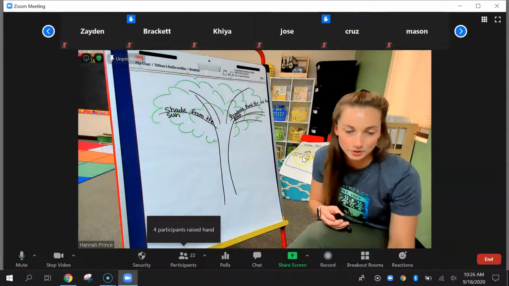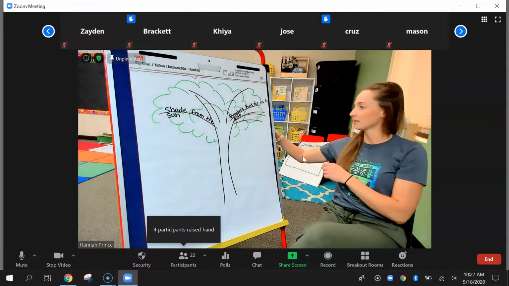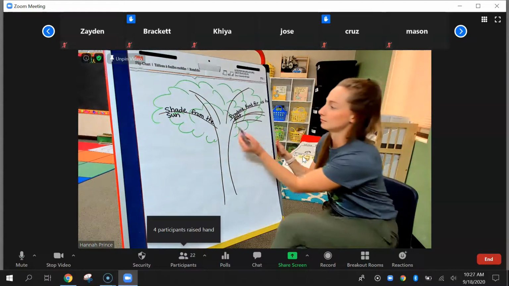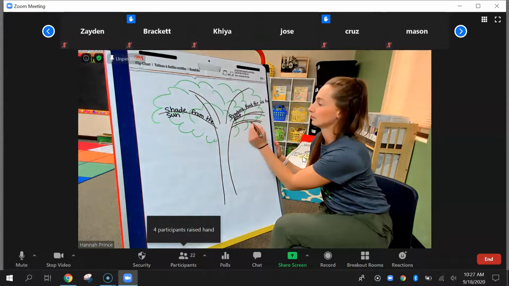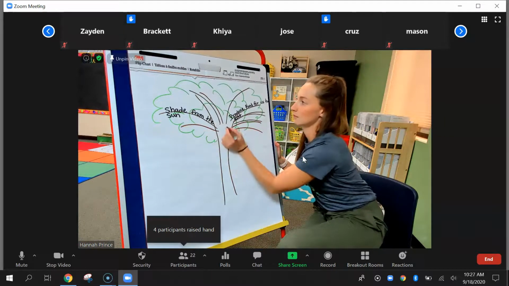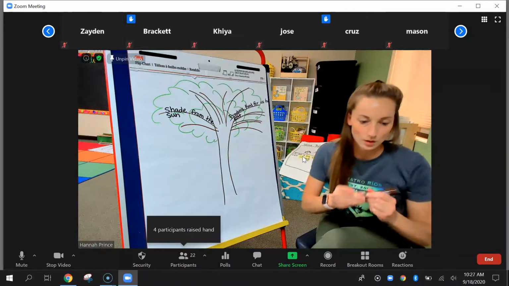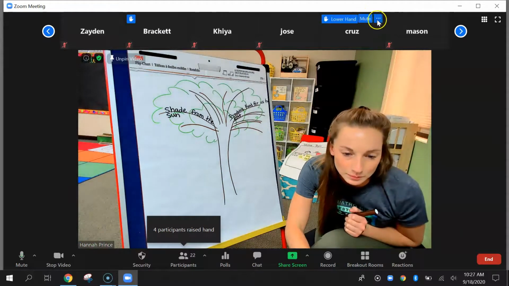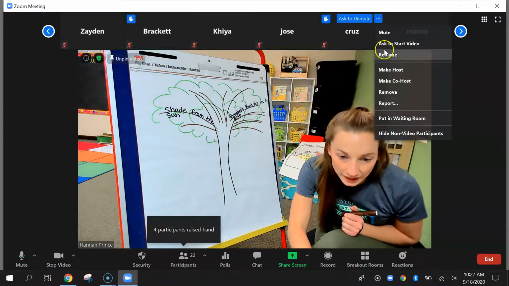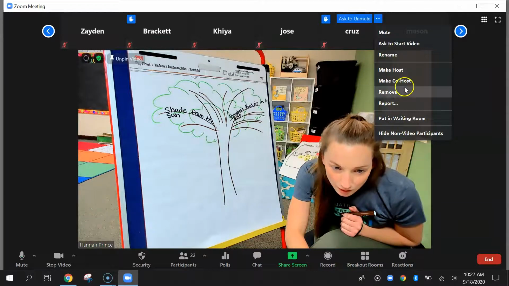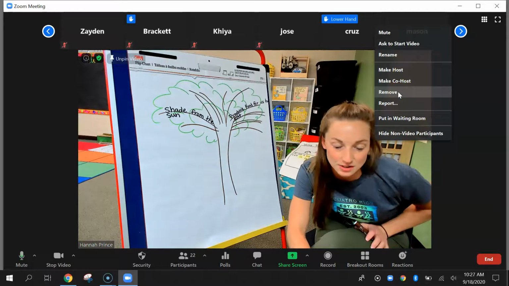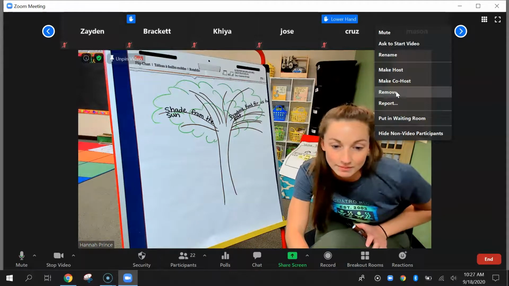Cruz, you haven't shared during science yet, have you? He zoomed up in his computer and he could not get out. Okay. So this is what I'm going to do. Cruz, I'm going to hit remove, and then I want you to go back and click that link again to enter the meeting, and we'll let you back in, okay?